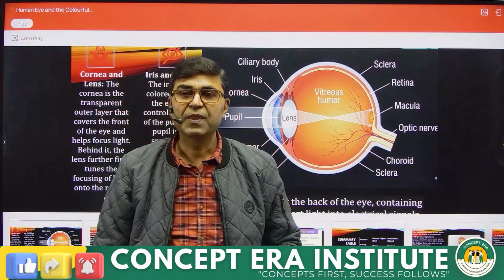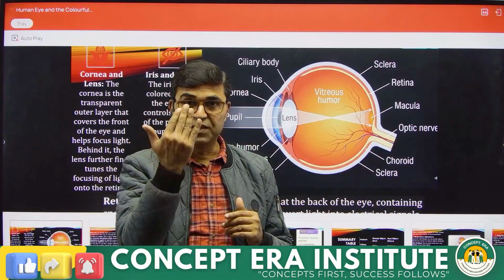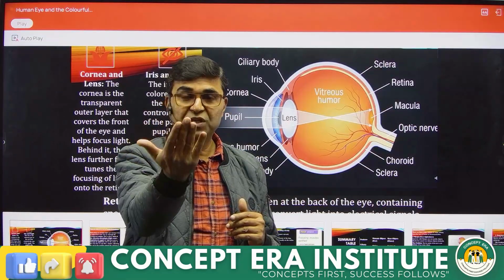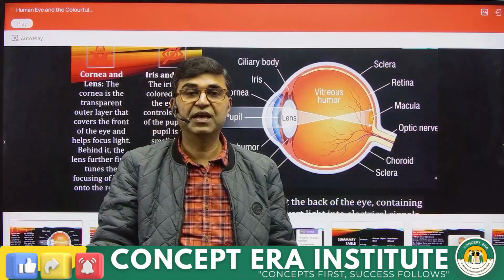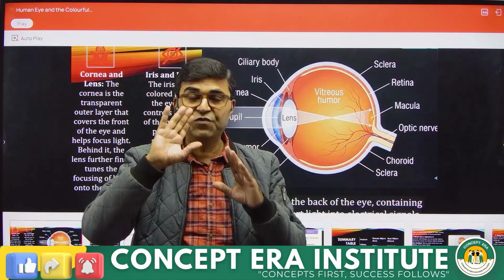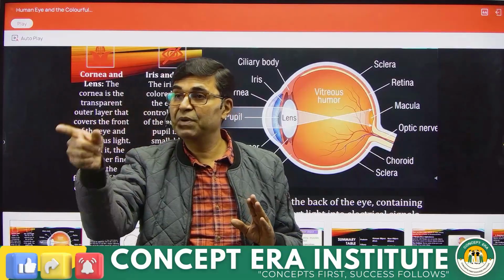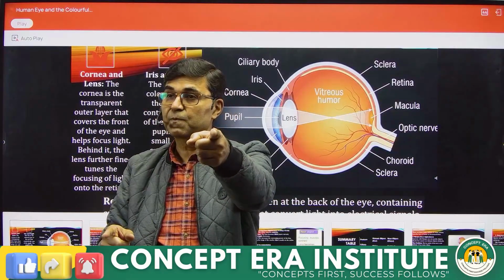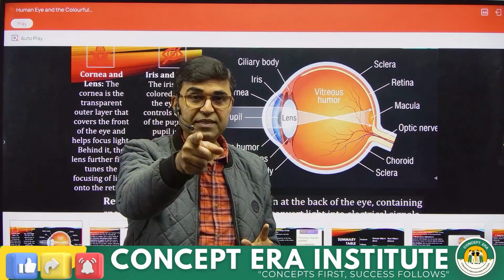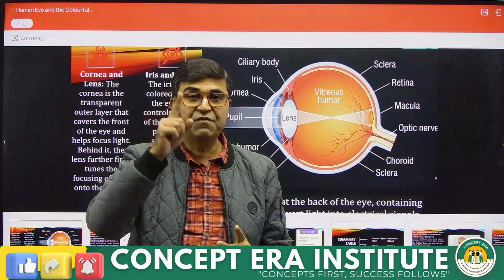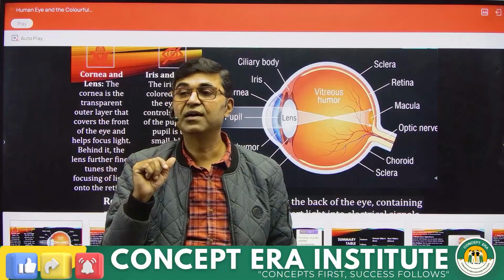Just observe, you are looking at everything and the object just in front of your eyes, that you are able to see very clearly, very sharply, but the objects around in the peripheral vision, they are not so sharp. But if you want to change your focus to another one, you look at that point and that becomes sharp, and now this object will become slightly blurred because first its image was being formed on the macula, and when we are looking sideways, now its image is formed on other portions rather than macula.